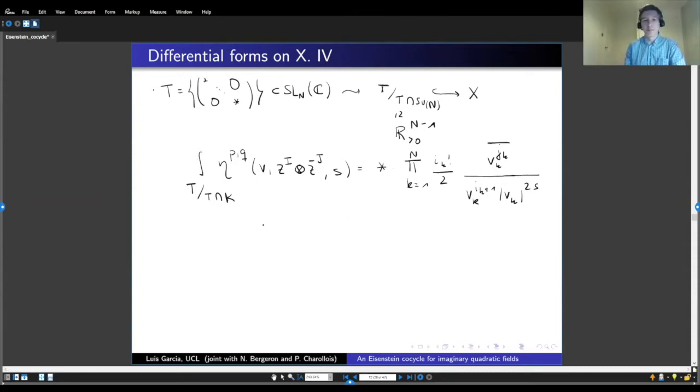So this is the statement, and this again is not difficult to prove. The proof uses the functoriality of multi-equivalent forms together with the fact that you're restricting this form eta pq to a certain submanifold of T, and that submanifold parameterizes certain metrics on C to the n.